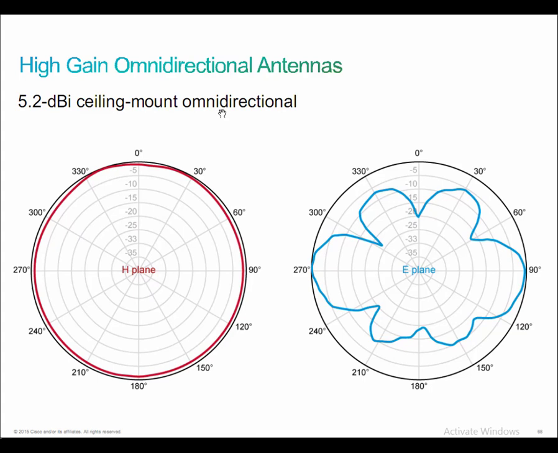Obviously, a 5.2 dBi gain antenna is more than twice as high as a 2.14 dBi dipole antenna, so it's twice as powerful. But this gain is still passive. Remember, antennas do not contain an active amplifier, so we're not increasing the power output of our device.